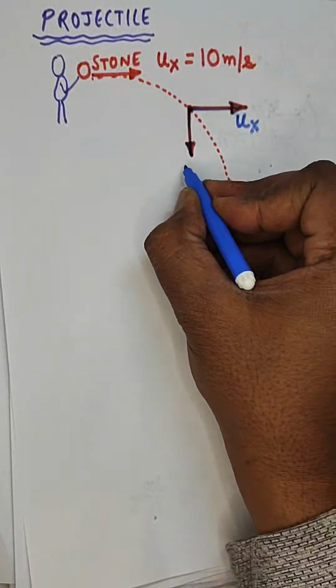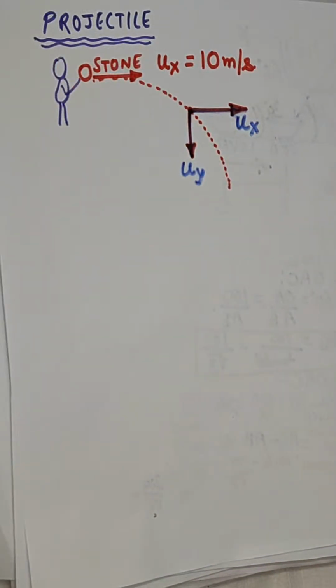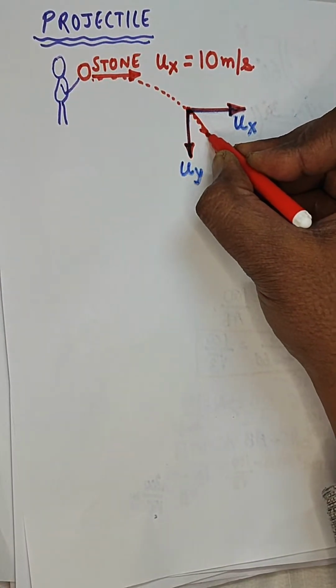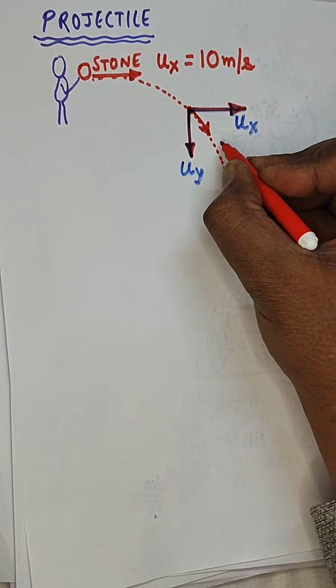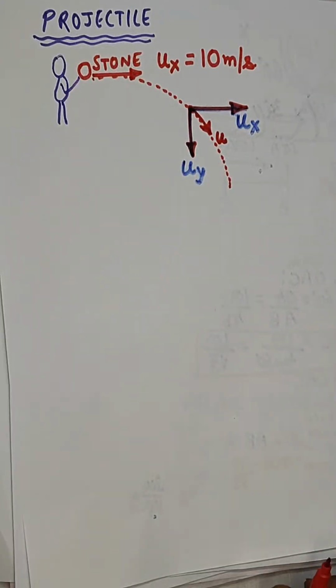Here you can see the components of u, and this is basically u, the main velocity.